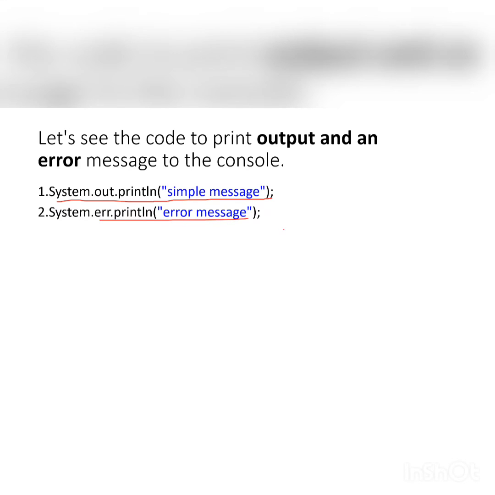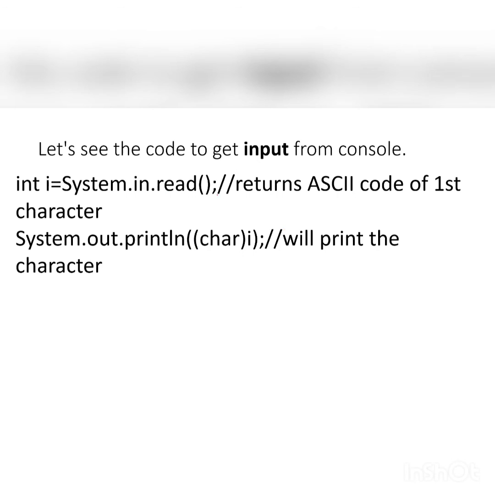Now while reading the data, you are going to read it in the form of streams. So you need to convert the whole processing in the form of input. We are using System.in.read, which is going to return ASCII characters, and you print the characters. So this is about the basic concept of streams.